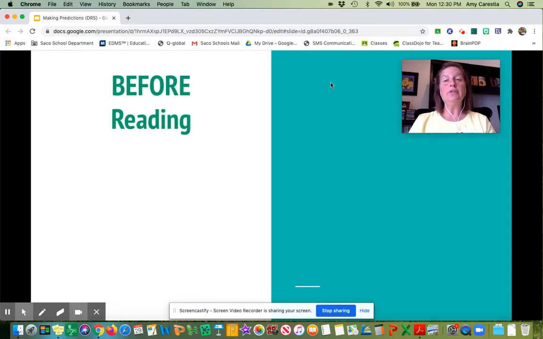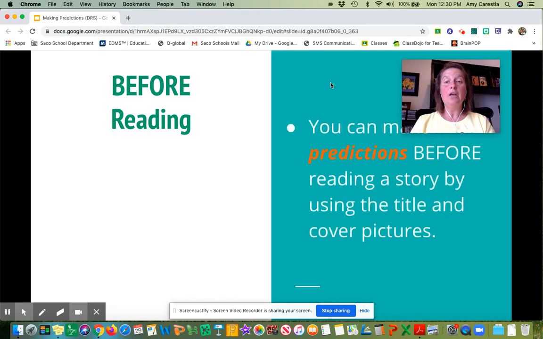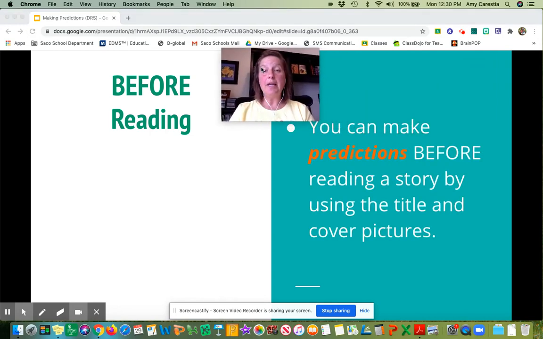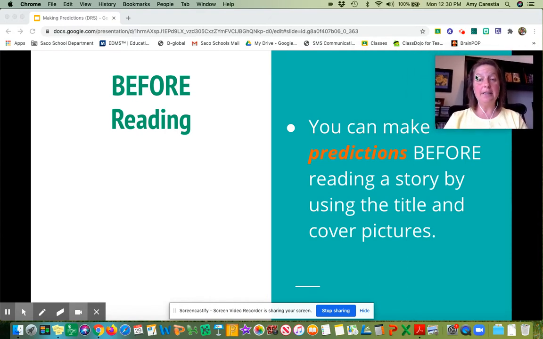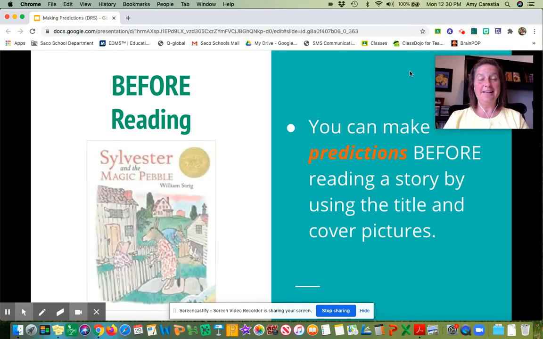So this is a during reading strategy that you can use before you even start reading. For example, you can make a prediction before reading a story by using just the title and the pictures. One of my favorite picture books when I was growing up was Sylvester and the Magic Pebble.